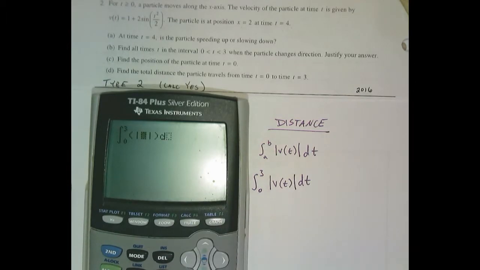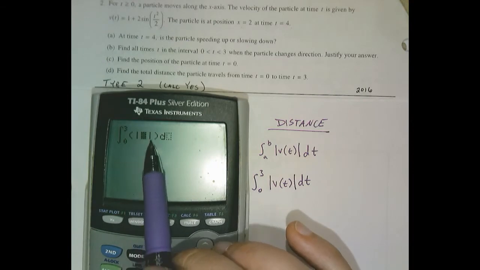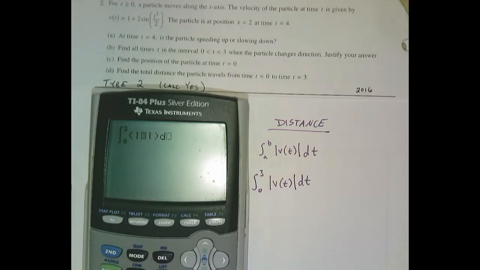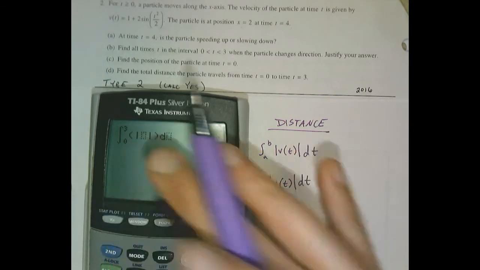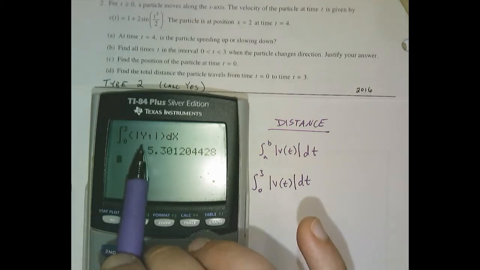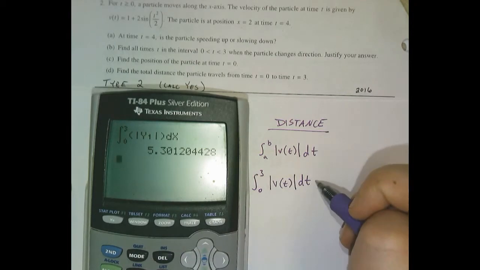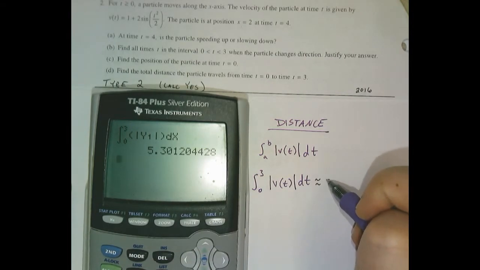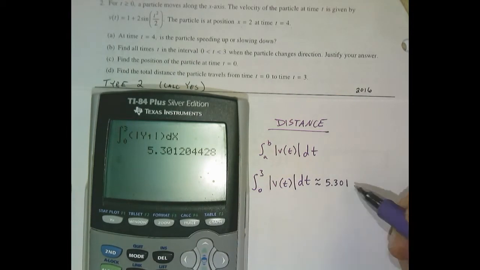Now the newer calculators show it as absolute value bars, older ones just say ABS, but inside that you put the function, which we've stored under y1. So again, calling on that y1. Better get a non-negative answer. It thinks a while longer because the absolute value makes it harder for the calculator, but approximately 5.301.